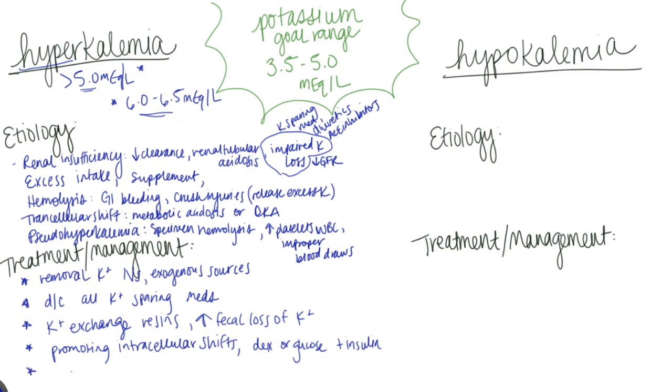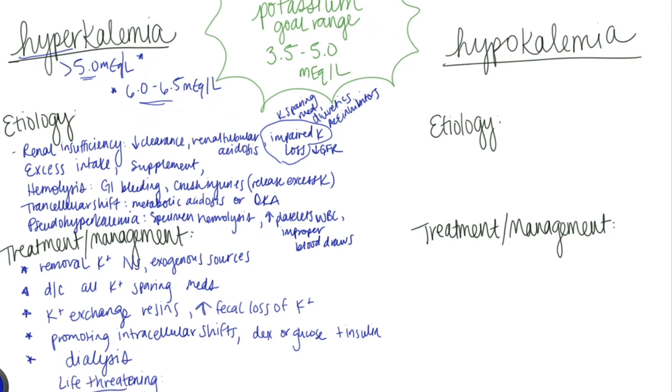And finally, for appropriate individuals, we can choose to use dialysis, which can help to increase the amount of potassium that we pull out when we're dialyzing the individual to get that hyperkalemia down.